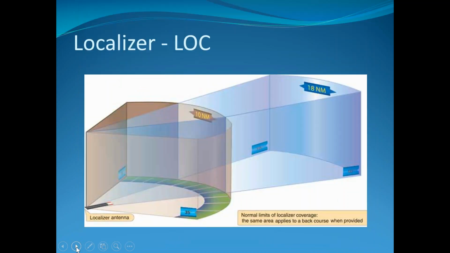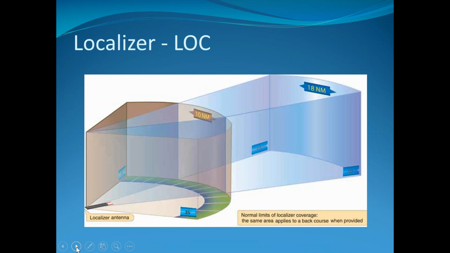A localizer is a type of non-precision approach. Not to be confused, when we were talking about the ILS, there's two components of the ILS, the localizer and the glide slope. You can use that localizer part of the ILS by itself, and it's called a localizer only approach.